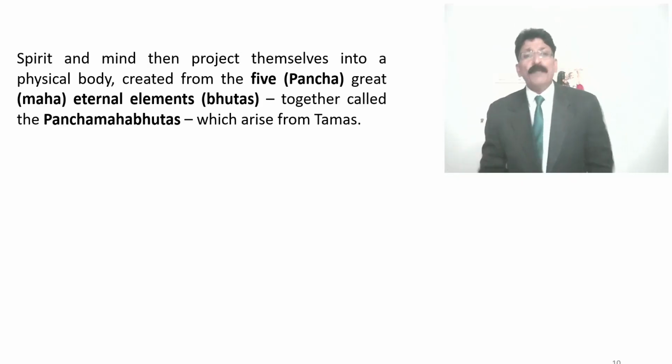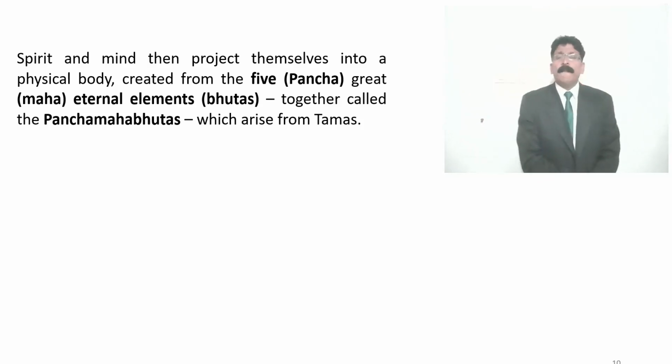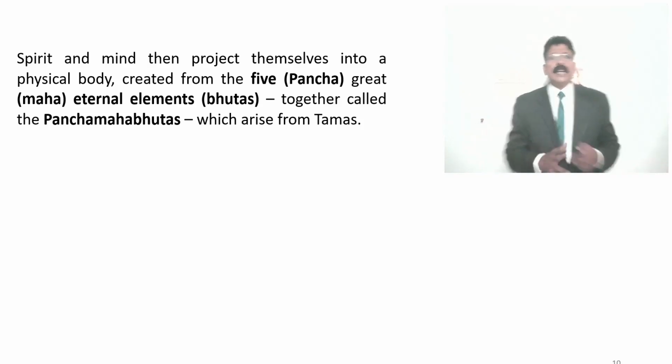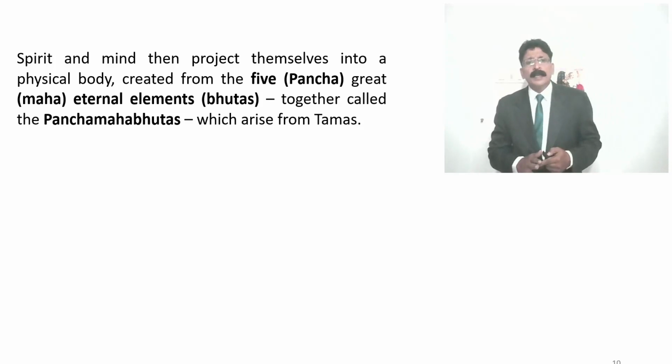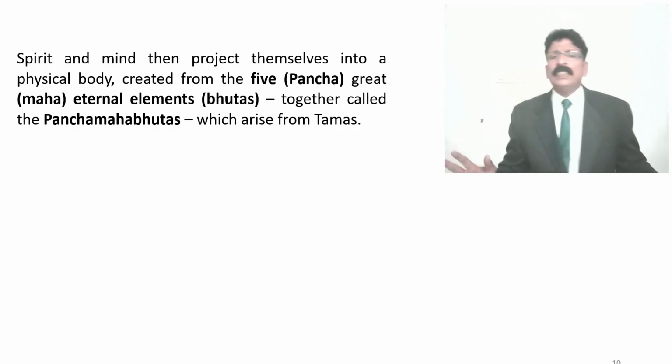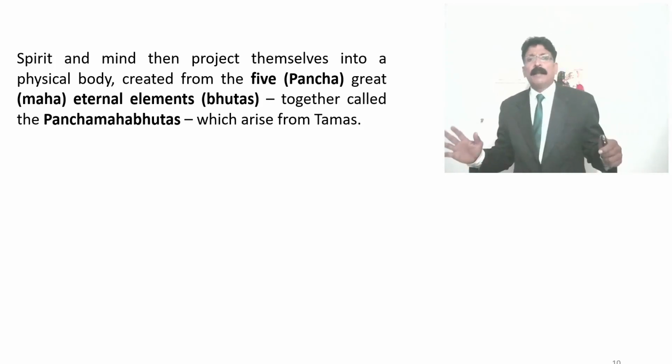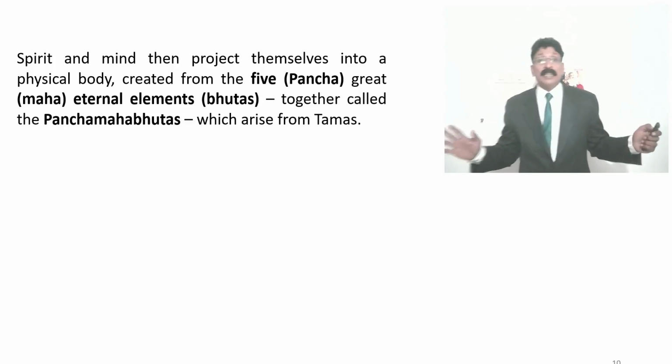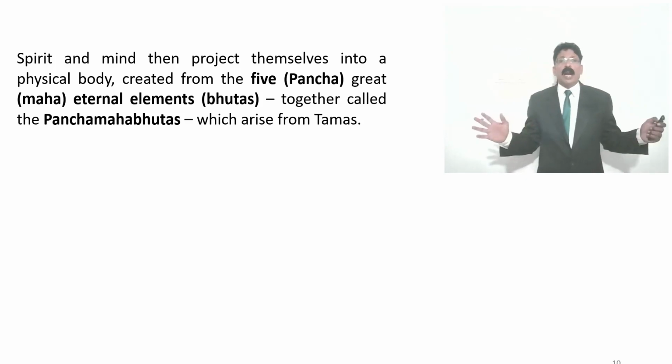So when we come to the spirit and the mind, they project themselves into a physical body created from five Panchabhutas. Five means Pancha, great means Maha. That's why we are saying Pancha Mahabhutas.